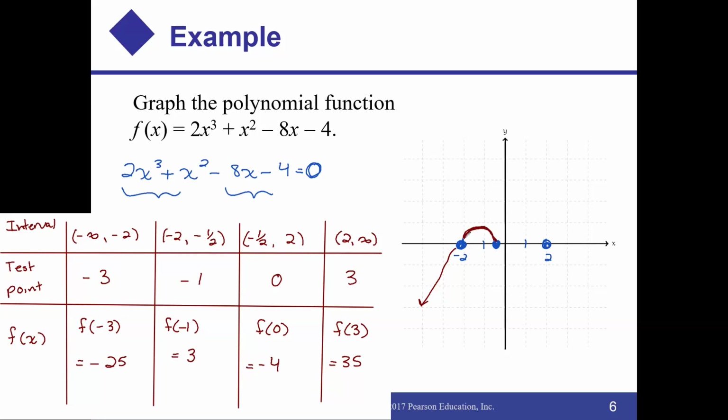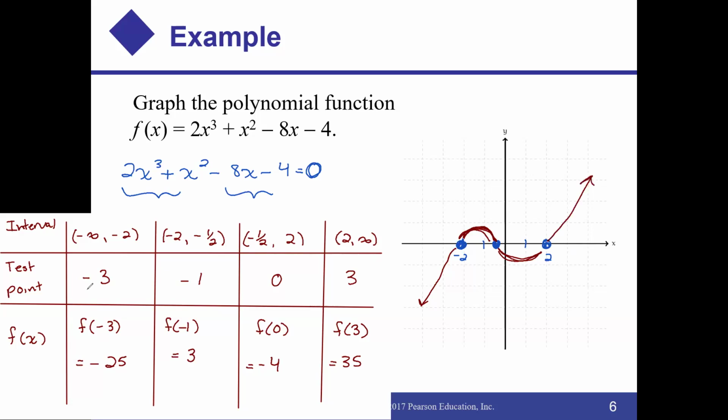And I know I have to go back to this other 0, so that's why I know it's going to curve. Then for the next interval, between negative 1/2 and 2, we had a negative value again at negative 4, so we would be down here and curve towards the 0. And I know I'm positive for anything greater than 2, because when I tested a point, it was positive.